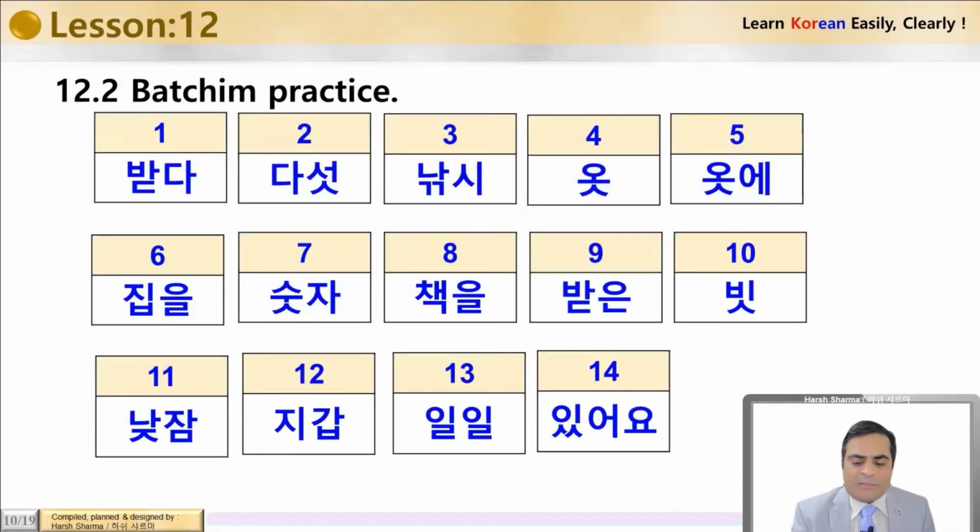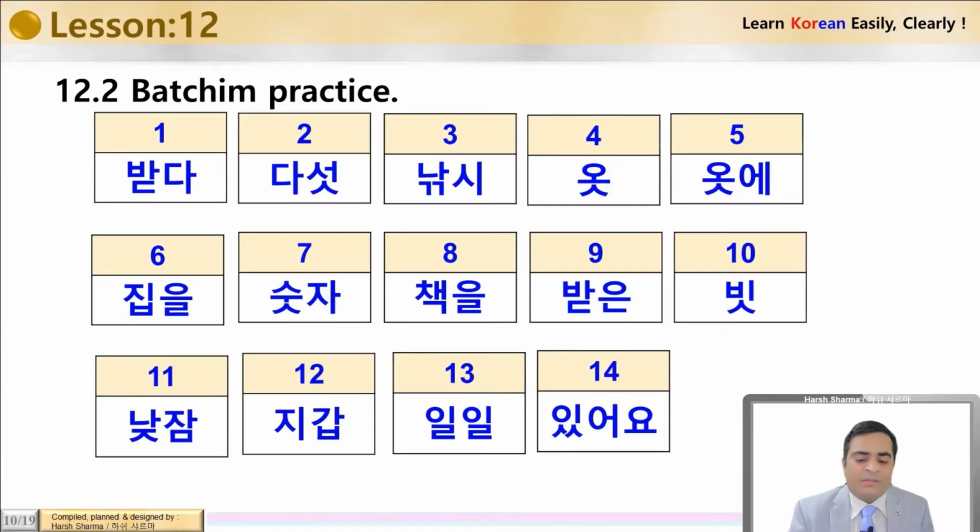And let's do some word practice now. What you have to do? You have to write these 14 words on a paper now. I'm waiting here. Please write from number 1 to number 14. After writing them, see each and every word carefully and find out the Batchim. After finding the Batchim, find out whether the next syllable is starting with a consonant or there is nothing after it.